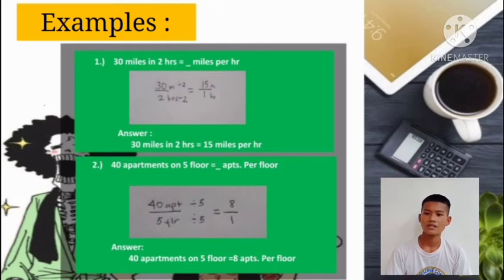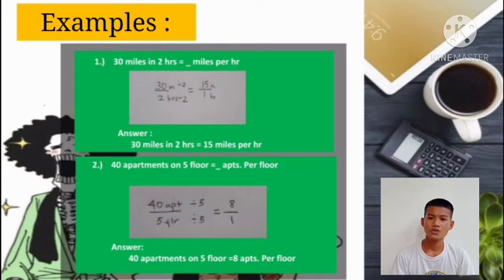So what we need to do is get a denominator of 1, which is going to give us per 1 hour. In order to get a denominator of 1, we divide by 2. And with a fraction, in order to keep it equivalent, whatever we do to the bottom we must do to the top.